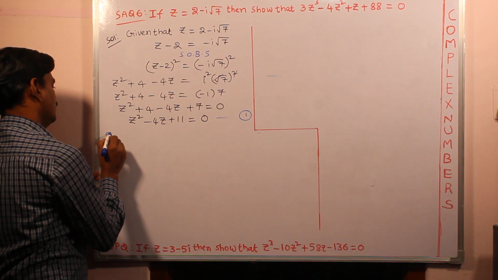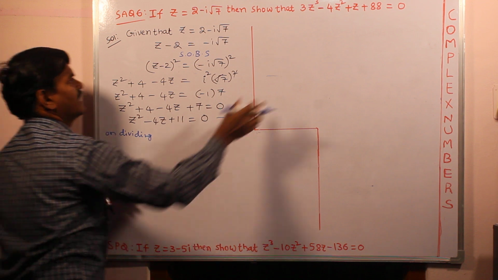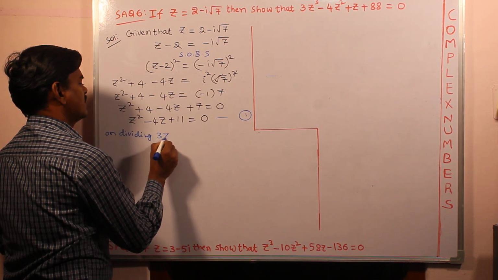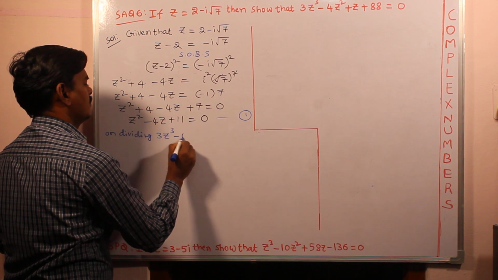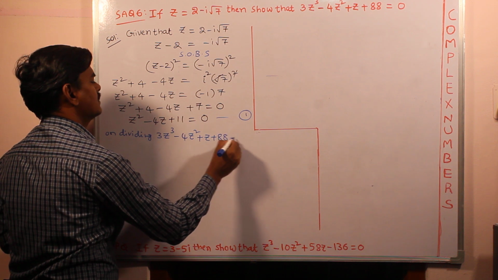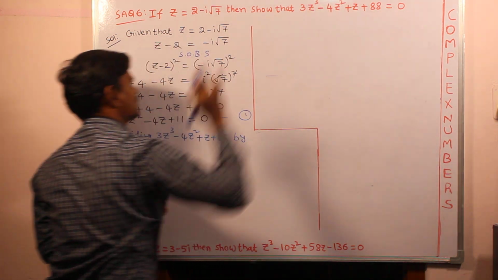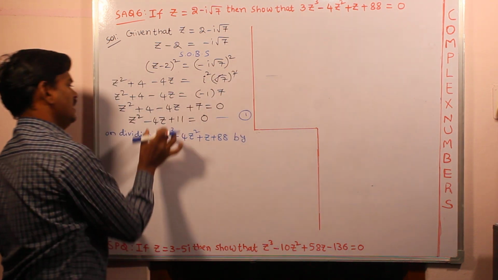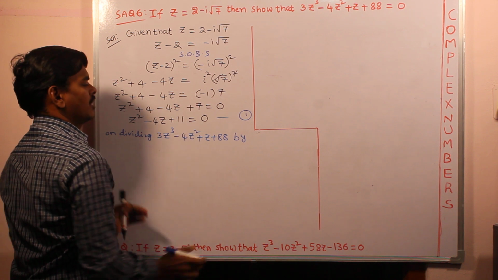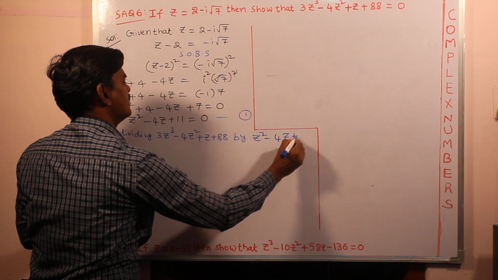We have to divide this cubic polynomial, 3z cube minus 4z square plus z plus 88, by the quadratic polynomial. Don't take equal to 0 into consideration, just the LHS and the LHS. So we divide this cubic polynomial by z square minus 4z plus 11.